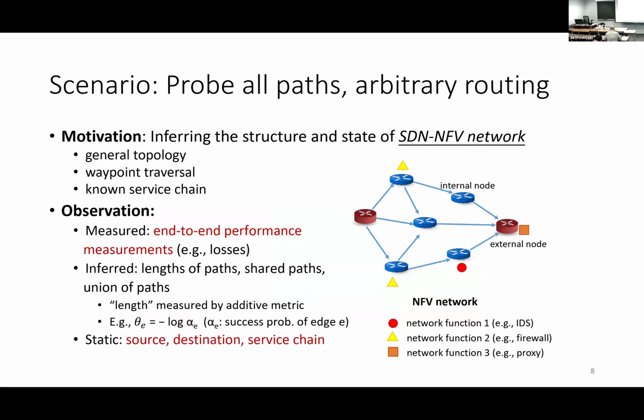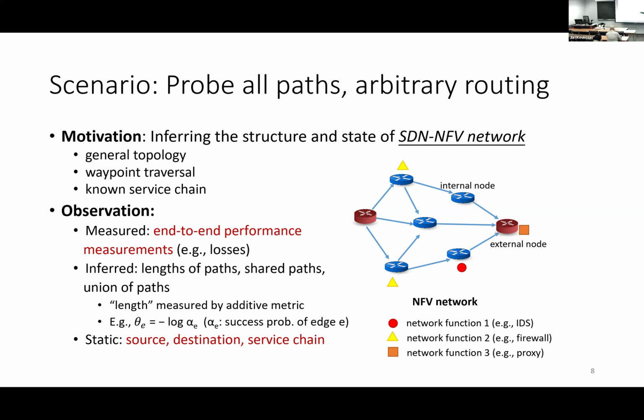This work is motivated by studying the counterpart of topology inference-based network monitoring in the context of SDN combined with NFV networks. So you have service chains that you need to traverse. And you also have generalized forwarding, which can cause weird routing topologies.